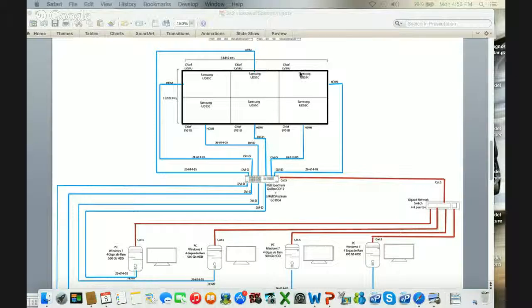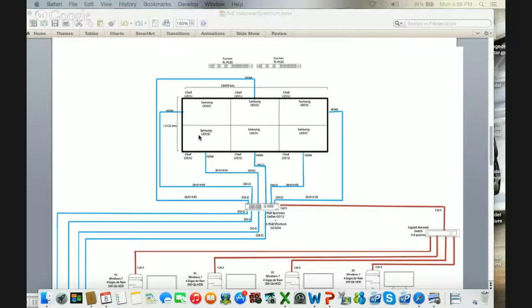They go to the monitors, the 6 Samsung UD55C, which are supported by the Chief LBS1U support system, and we use the Furman PL Plus to protect against any problems. This is how we are able to implement a 3 by 2 video wall using the RGB Spectrum.